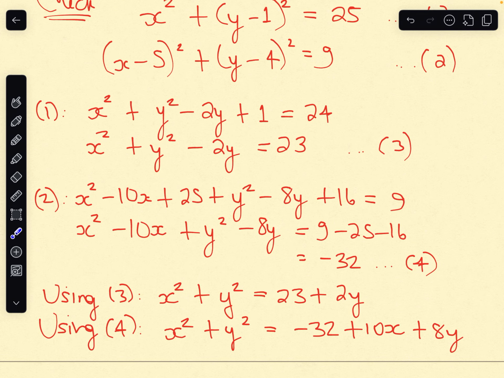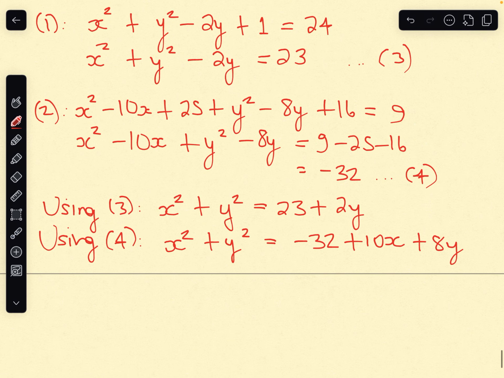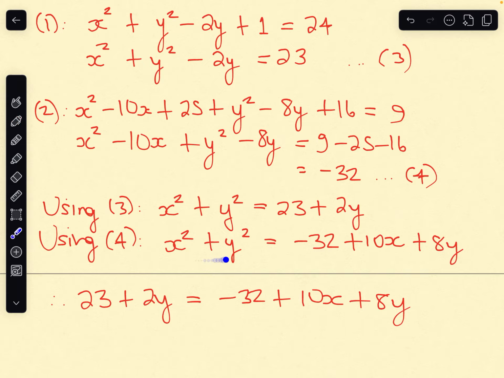And the power of doing this is that I can then say that 23 plus 2y must be equal to negative 32 plus 10x plus 8y. They must be the same because x squared plus y squared is equal to both of these expressions, right? So just like that, we've managed to get the quadratic terms out of the picture, and we're dealing with just the linear terms.